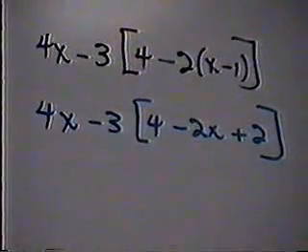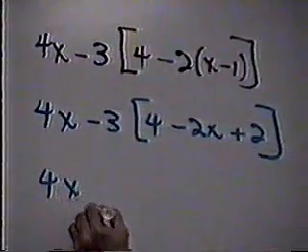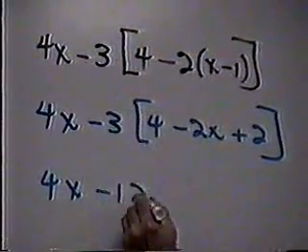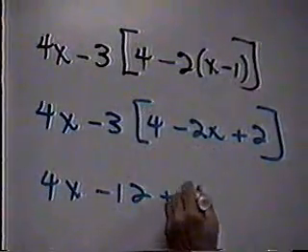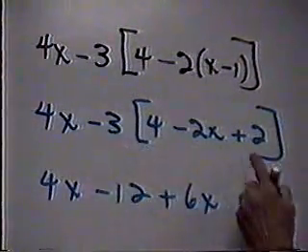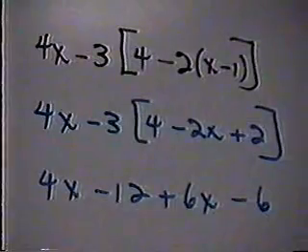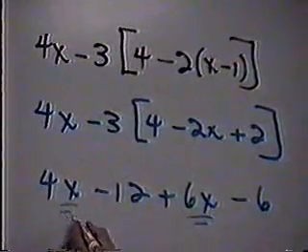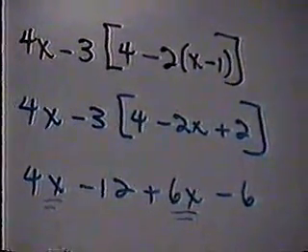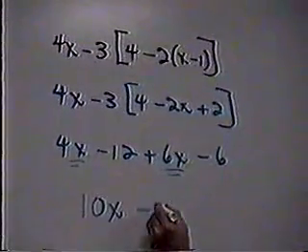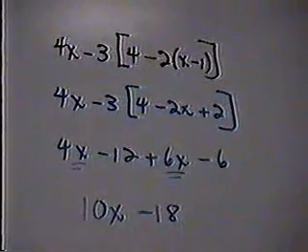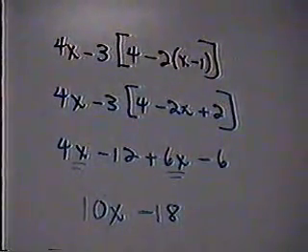All right. Now we remove the brackets, so it's a minus 12. Minus times a minus is a plus 6x. Minus times a minus is a minus 6. Adding apples to apples, that's 10 of those. And minus 12 and minus 6 is a minus 18. All right, that gets the answer.